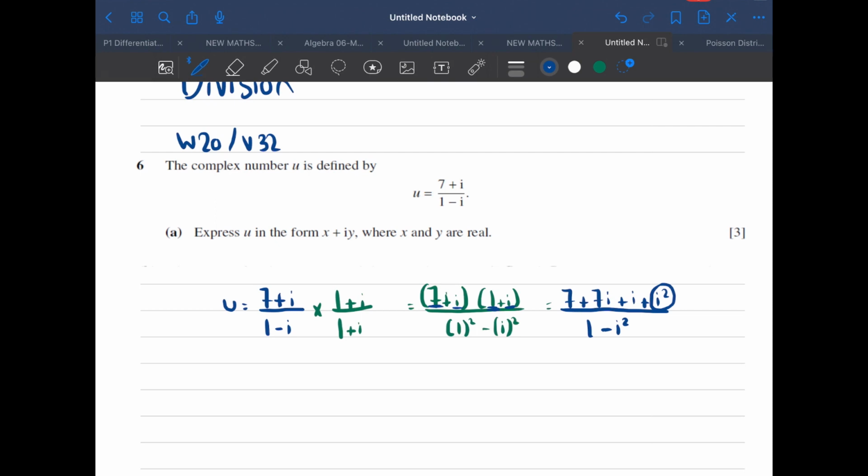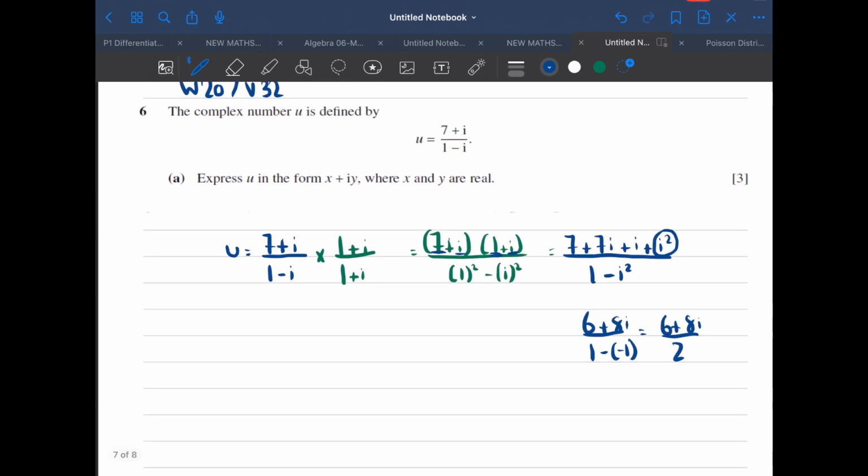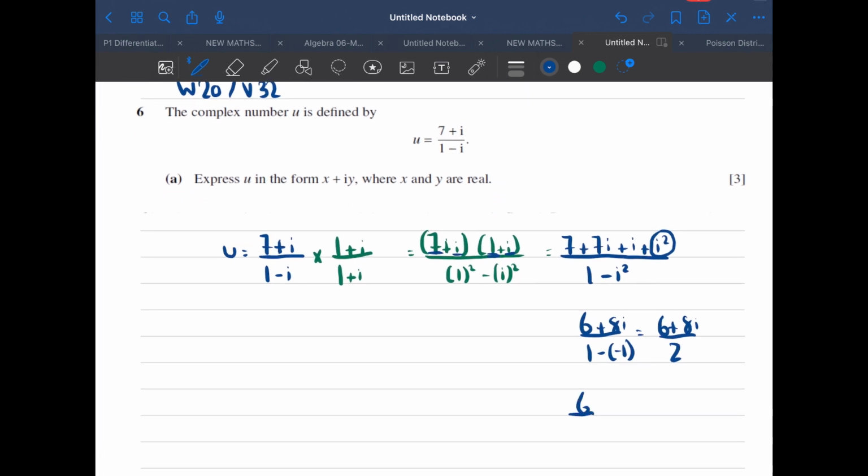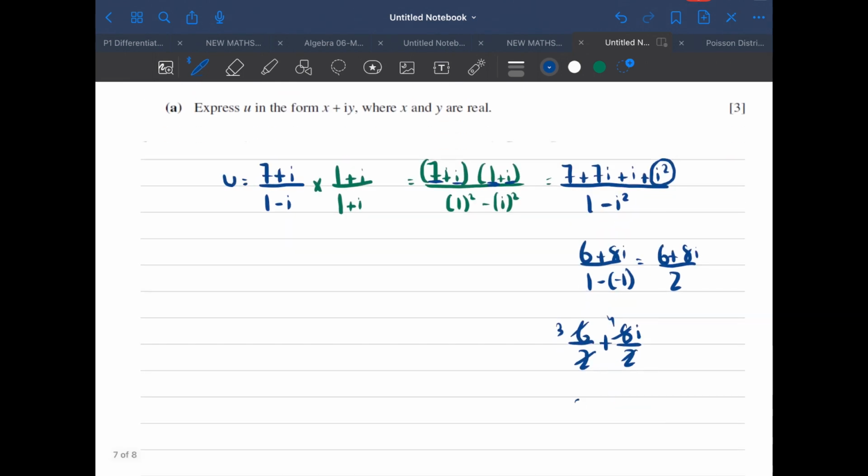So 7 minus 1 makes what? 6 plus 8 iota, 1 minus minus 1. That makes 6 plus 8 iota upon 2. Can you simplify this? 6 upon 2 plus 8i upon 2. So it's going to become what? 3 plus 4 iota. Do you get this?